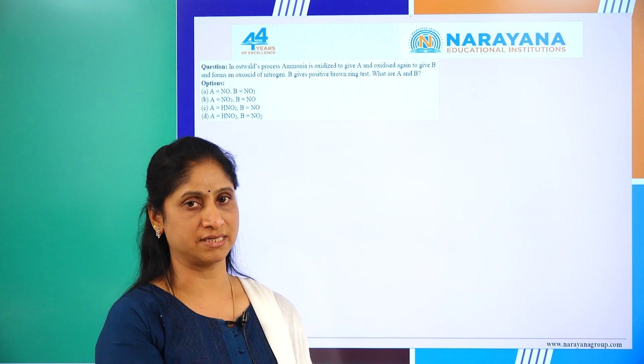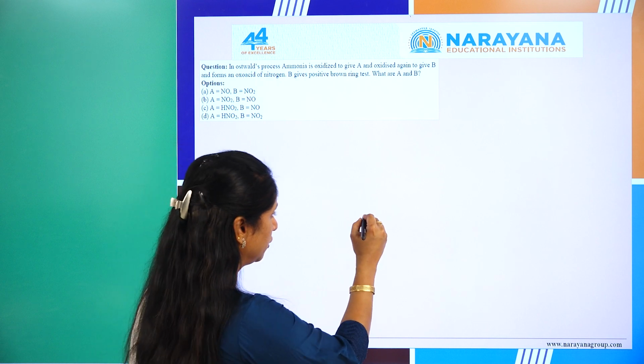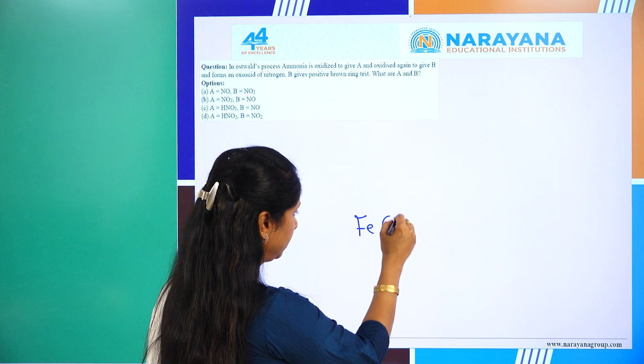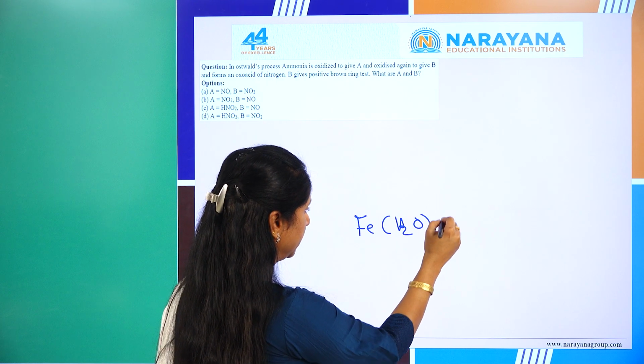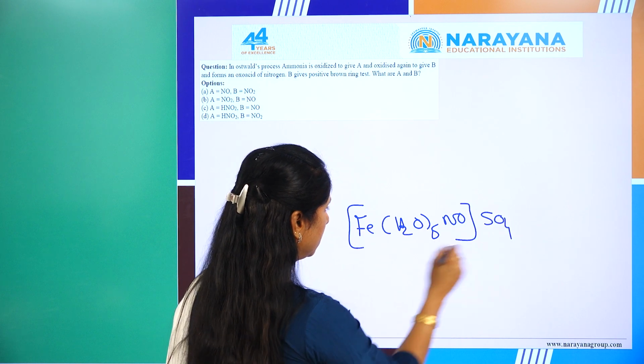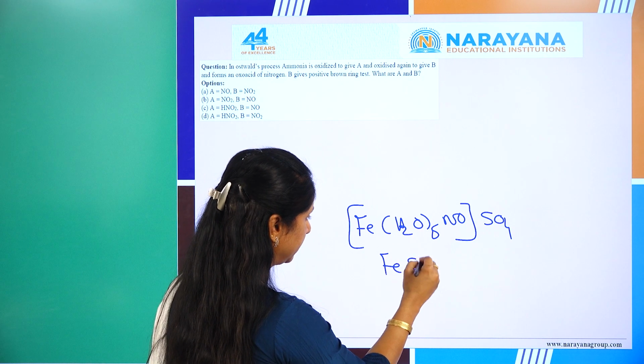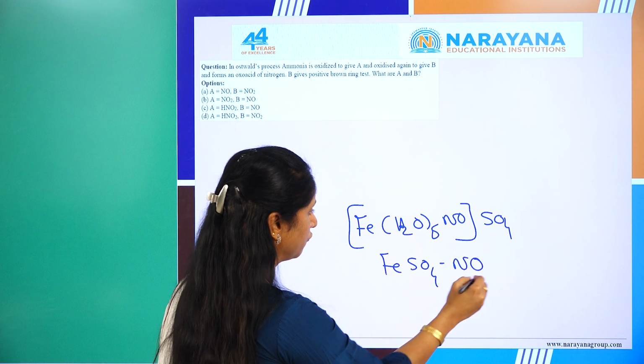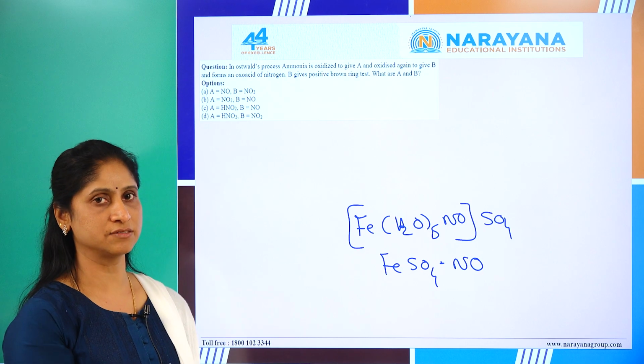NO gives the brown ring test. The brown ring is penta aqua nitrosyl iron(I) sulfate, or in a simple way I can also write it as an adduct, FeSO4 and NO. Nitric oxide gives the brown ring.